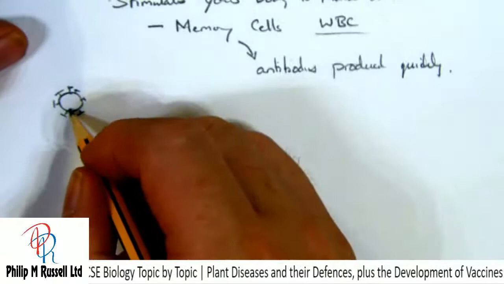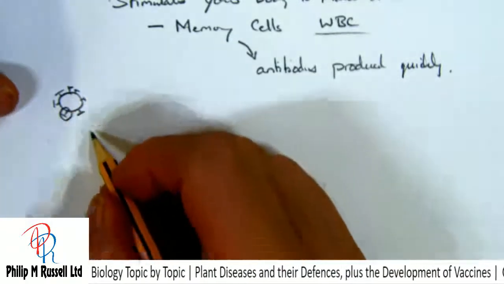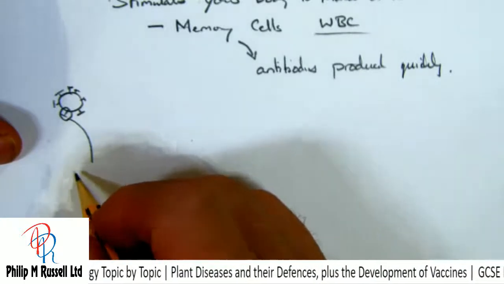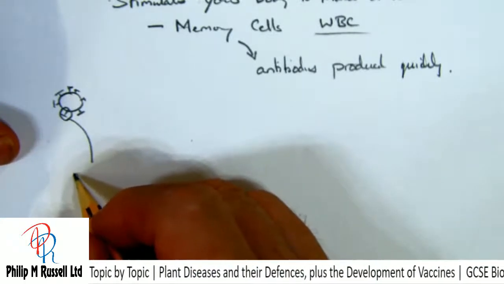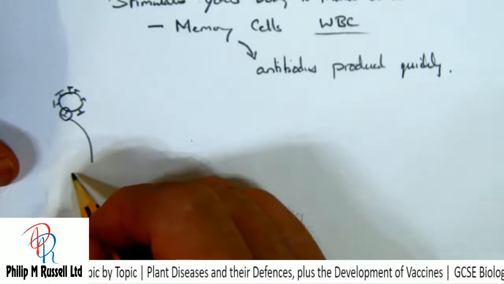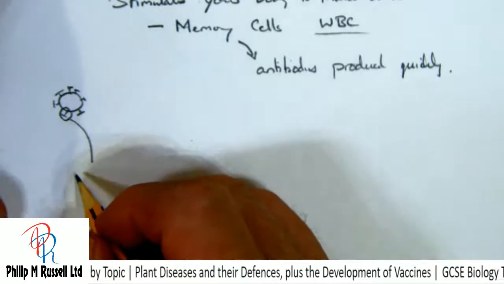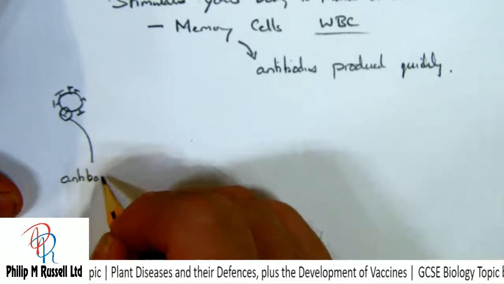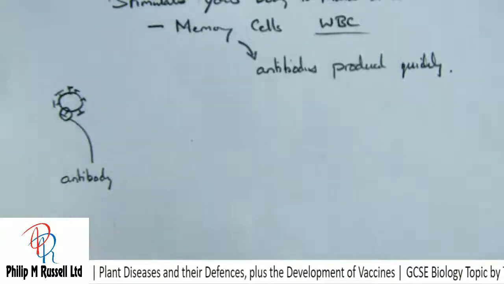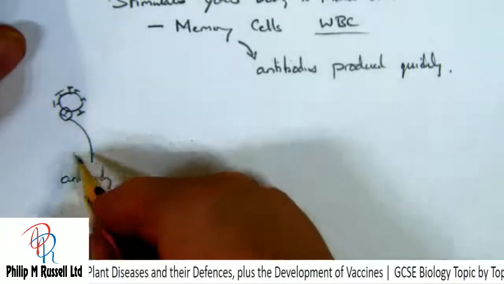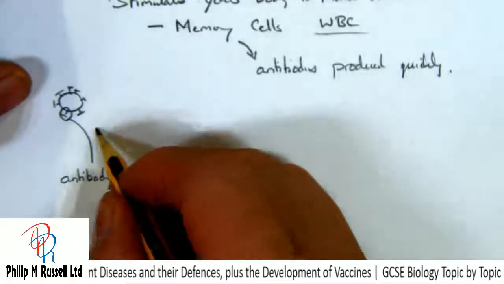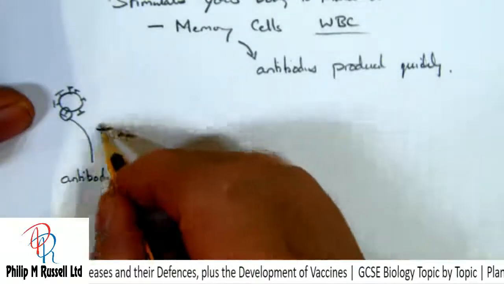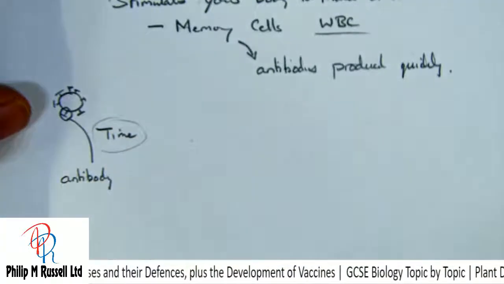Now, if I can take one of those off, and I can now basically put it into some creature's body, then it is possible that we can make an antibody to this. Now, this takes this magic word called time. So we want to speed up this time.